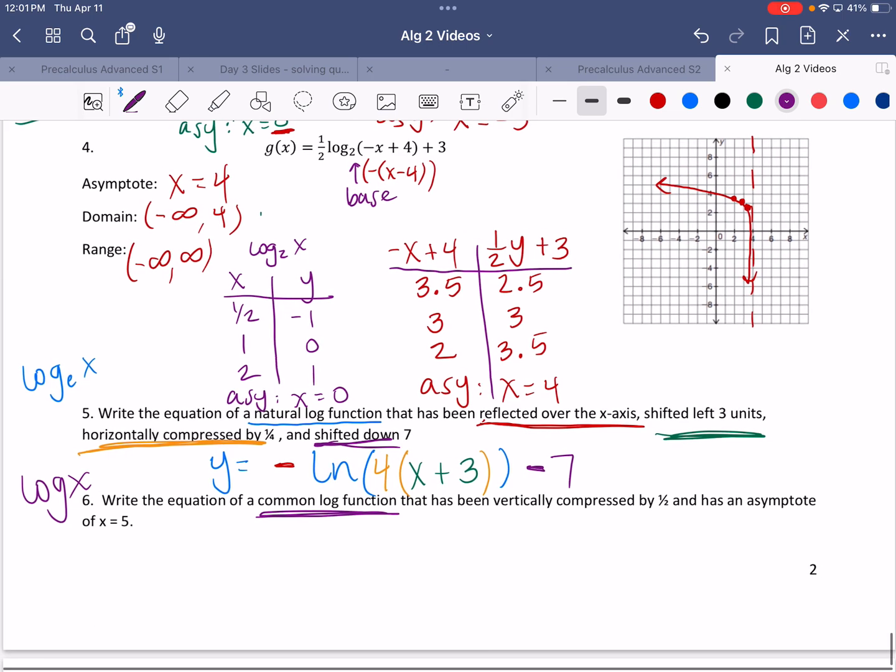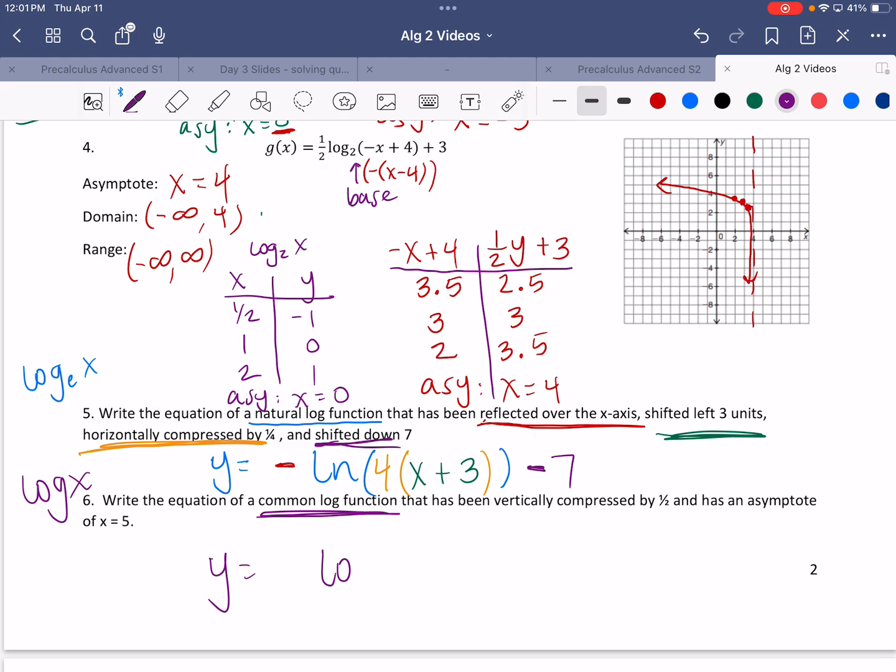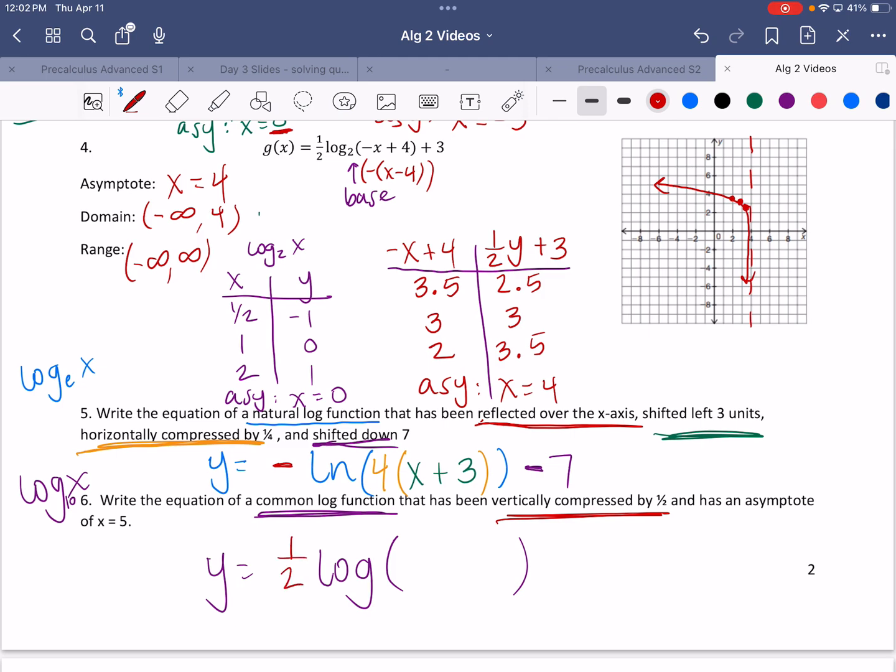So in our equation, we just have to write log, and it's understood that it's a base of 10. Okay, let's see. Vertically compressed by a half, we know vertical changes are outside the function. Okay, how would I make sure it has an asymptote of x equals 5? x minus 5. Yeah, because that would do what? Shift right. Yes, shift right 5.